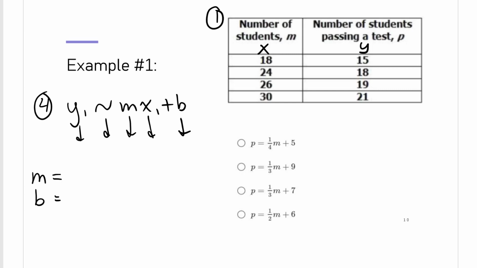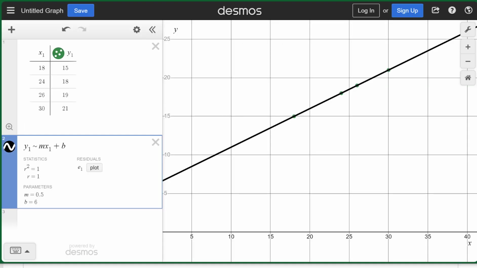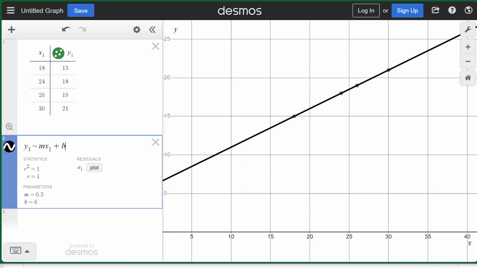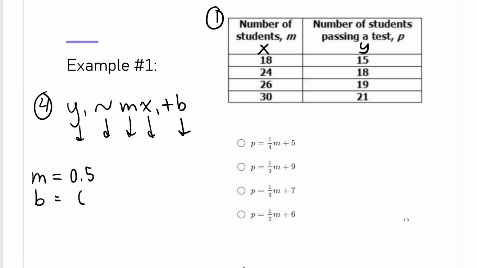M and B. M is 0.5. B is 6. So, y1 is y. Squiggly is equals. M is 0.5. X is x.